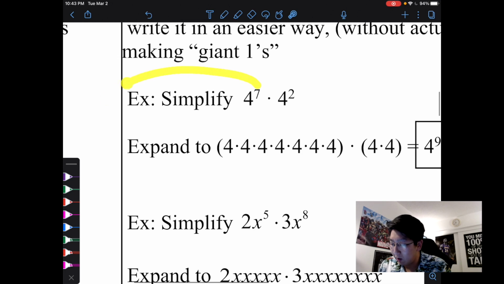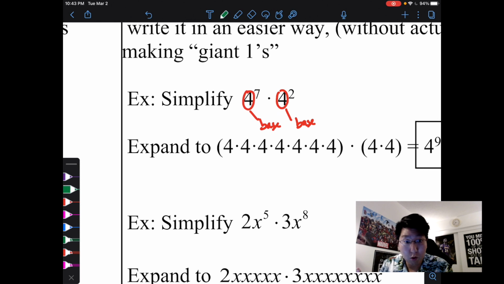Now, for right now, you're only going to get problems like this. And typically, you're going to get bases that are the same. What's the base here? Oh, I already told you. The bases are the same. The base here is 4. And if you write this out, you will not make the mistake that most students make.